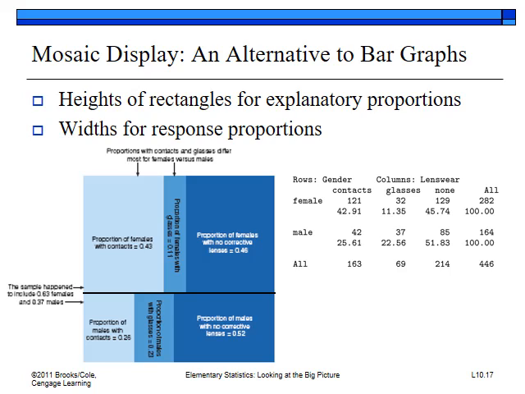Another display type that you might see with 2 or more possible values for the explanatory categorical variable is a mosaic display. Here we have a big square that contains all of our data.